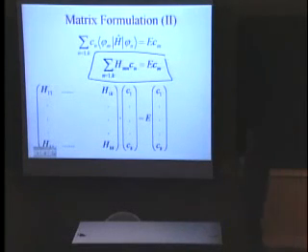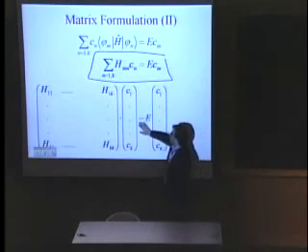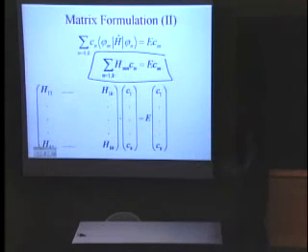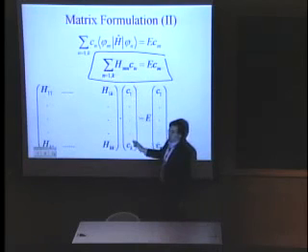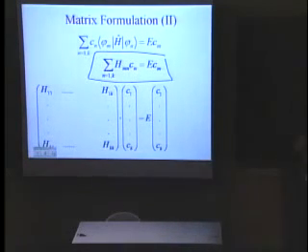We know from linear algebra that there isn't an infinite number of values of E for which this system has a solution, and I'll comment on that in a moment. And once we have found those values of E, we need to find the solution. That is, we need to find this vector. So again, our problem is matrix times vector needs to be equal to a constant times vector.